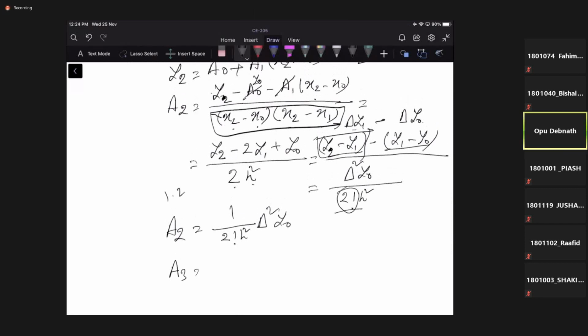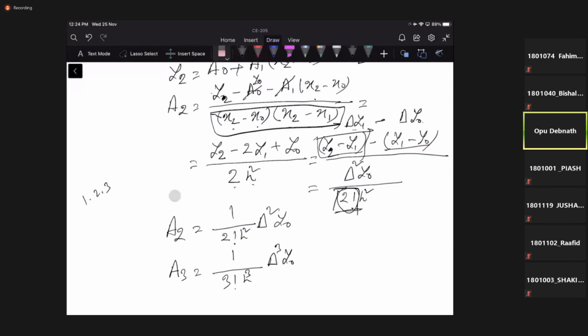And when you go for the third, actually there is a concept. When you go for the third portion, you will get 6 here. So in that case, we will write it as 3 factorial, that means 1 into 2 into 3, and h cube, and these terms will be del cube y0.